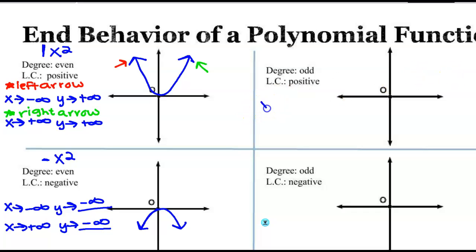Let's move forward a little bit. As x approaches negative infinity, y approaches, x approaches positive infinity, y approaches. This is how you start writing all of them.